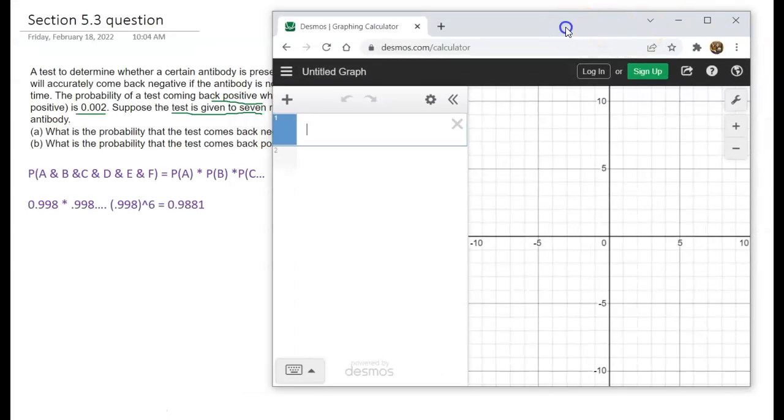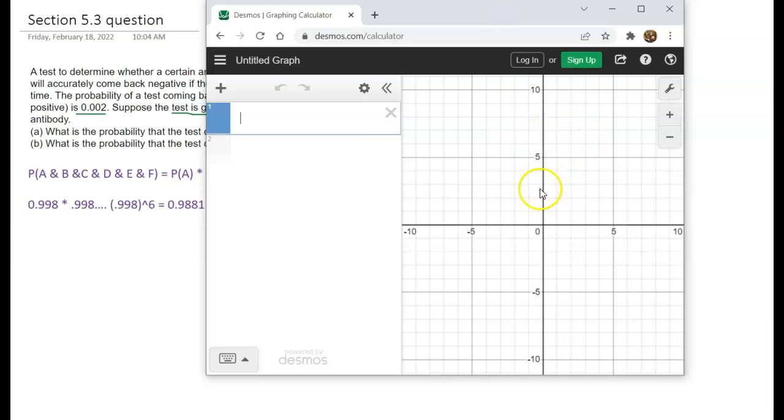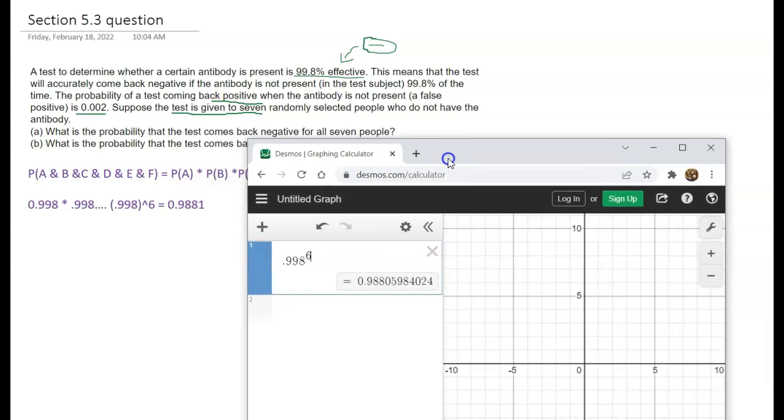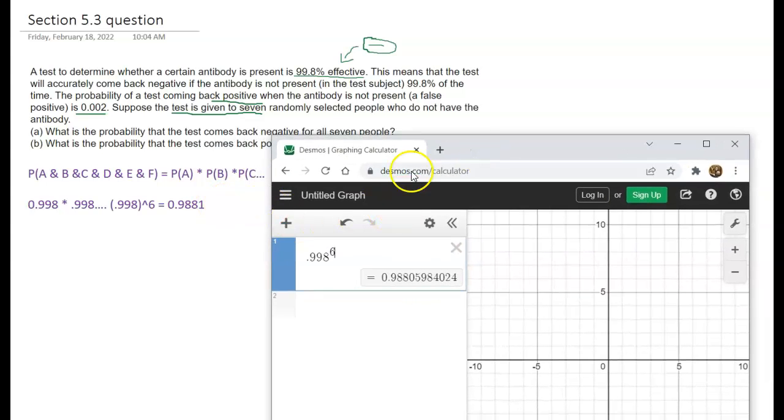Now, one thing I will say about this calculator, it's a graphing calculator, but you don't actually need the graph for what we're doing with these probabilities. So I'm going to take 0.998 and raise it to the 6th power. Oh, that is right. 0.9880598. Okay, so that's the first question answered. The probability that the test comes back negative for all 7 people is that number.